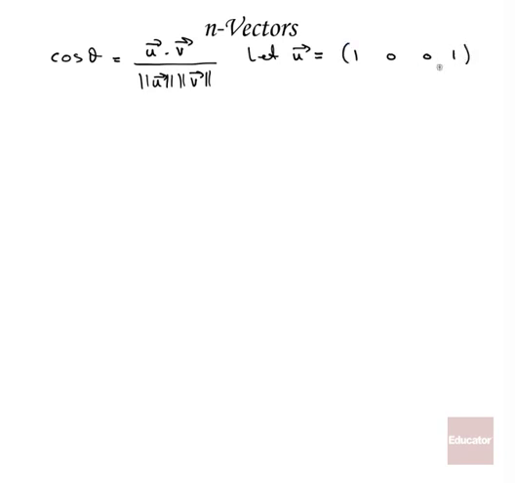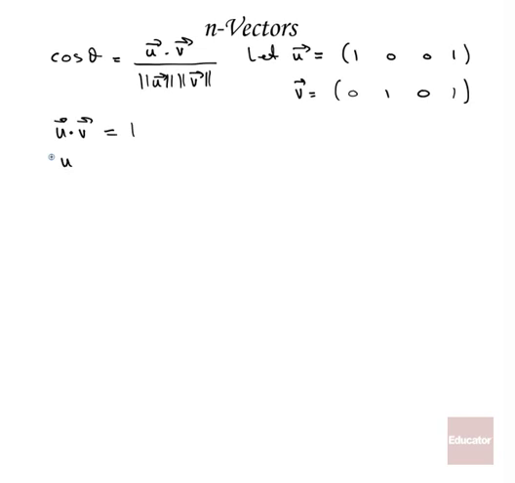That's our 4-vector u. And we will let v equal 0, 1, 0, 1. u dot v: this times that, plus this times that, plus this times that, plus this times that. All of these are 0 except one, so u dot v is equal to 1.